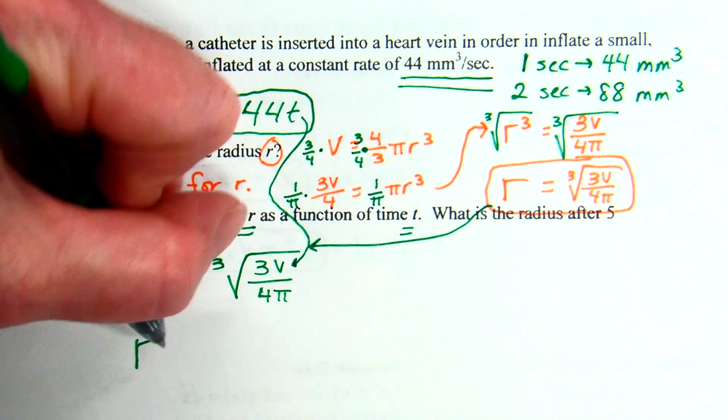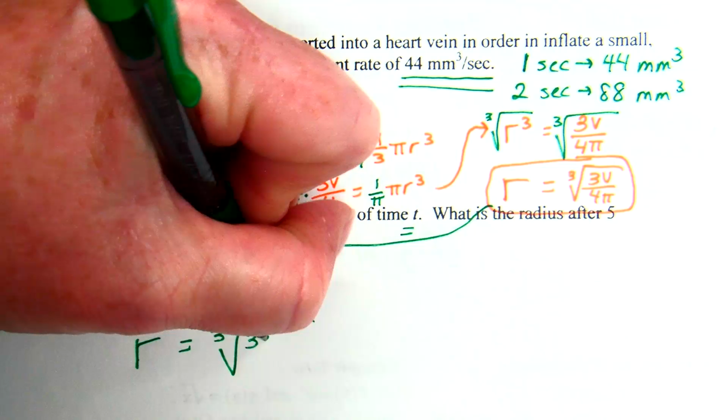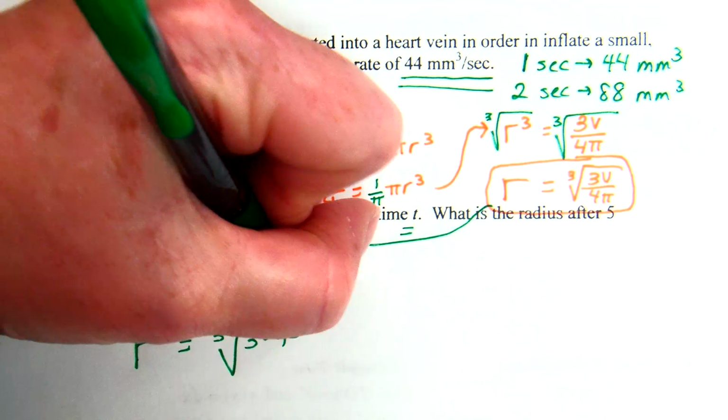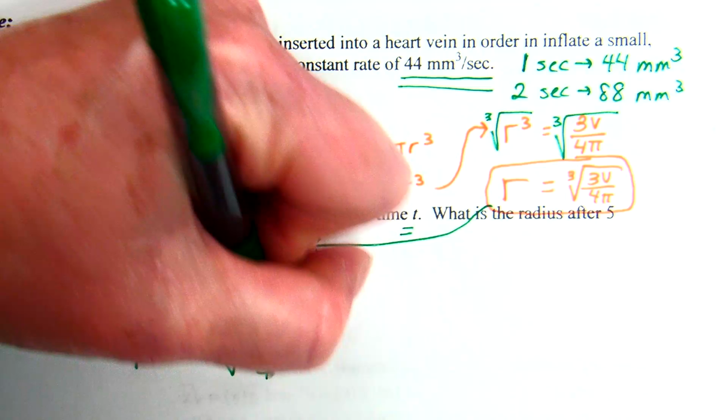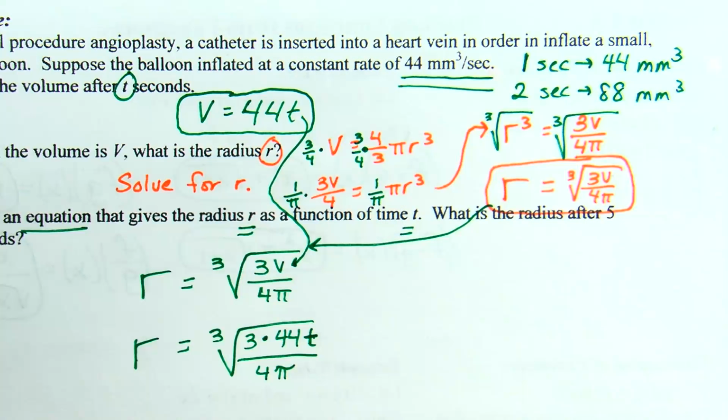So now I can rewrite this as r is the cube root of 3 times v, but v is 44t over 4 pi.